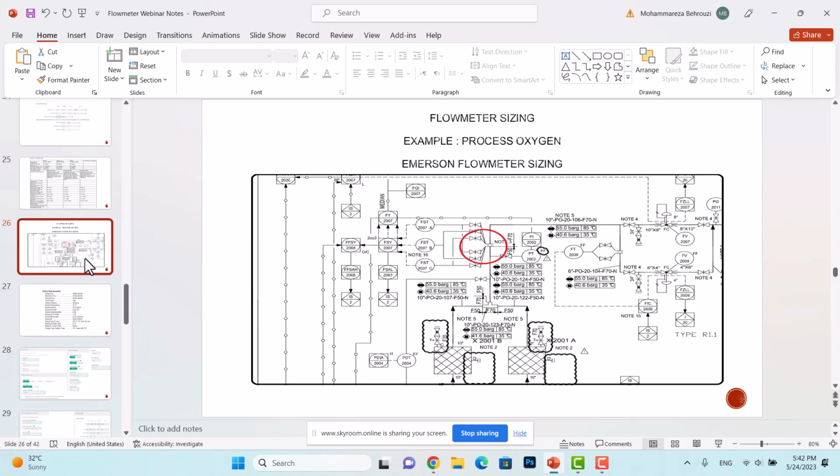Who is an application engineer? By the way, an application engineer is a process engineer who works for a licensing company and is responsible for dealing with different vendors.